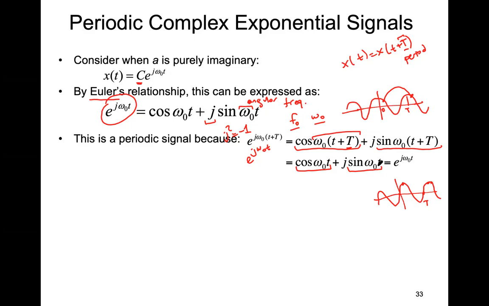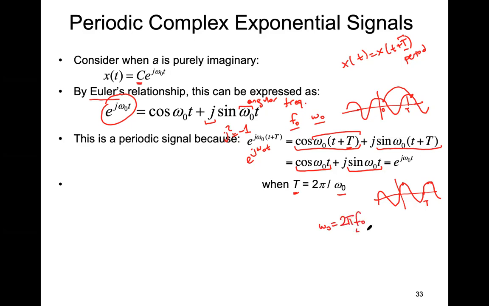So what do I say here? This complex exponential signal is a periodic signal, its periodicity is T, and its angular frequency is omega 0. Let me remind you one thing: omega 0 is equal to 2 pi f0.